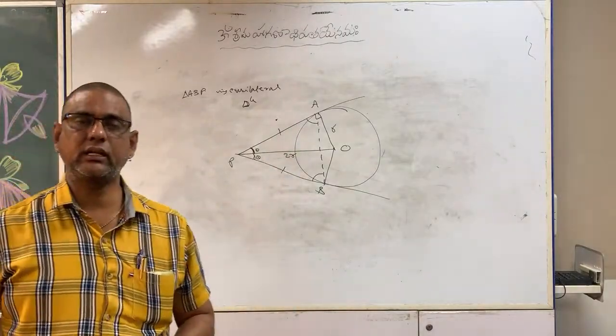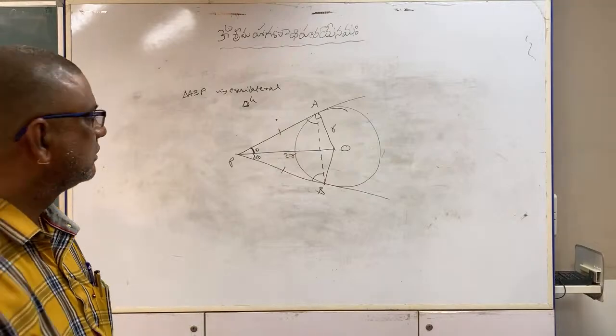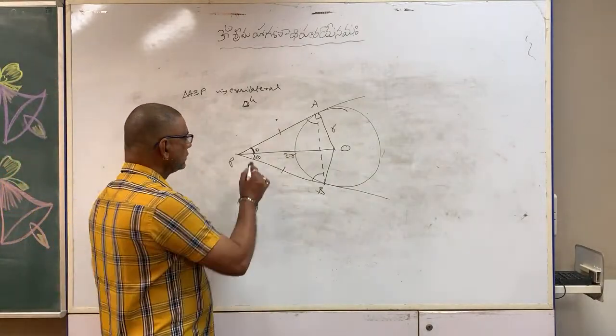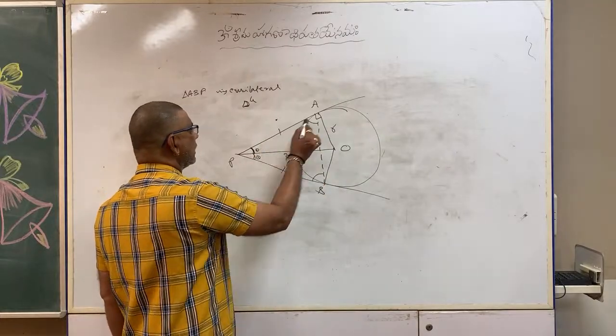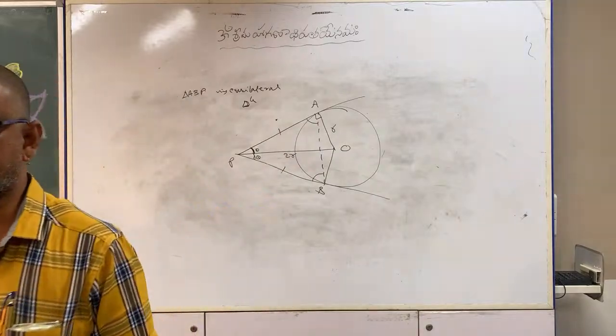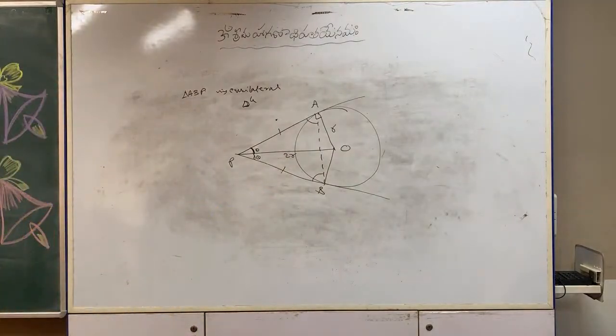Tangents drawn from an external point of a circle are equal. Then if we are able to prove these three angles are equal and they are equal to 60 degrees, then automatically APB becomes an equilateral triangle. Okay? Now what to do?